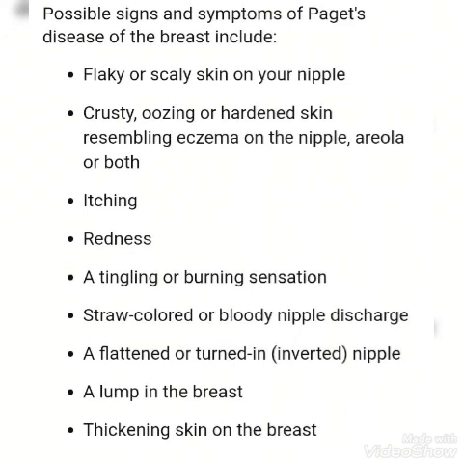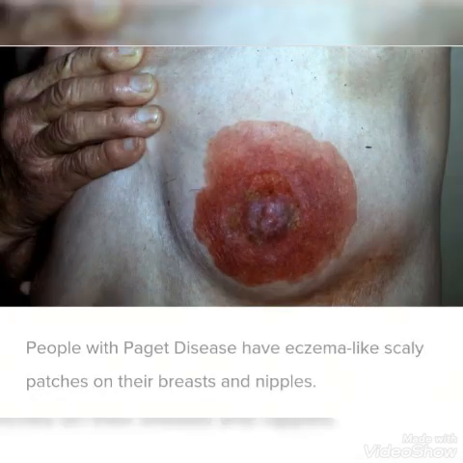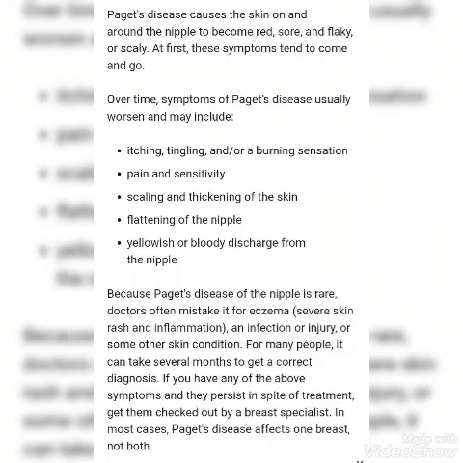A flattened or inverted nipple, this is the characteristic feature. Then there is thickening of the skin on the breast and the nipple is inverted. So this is the very main and important feature, that the nipple is inverted. And eczema-like scaly patches are formed on the breast, especially on the areola and nipple.